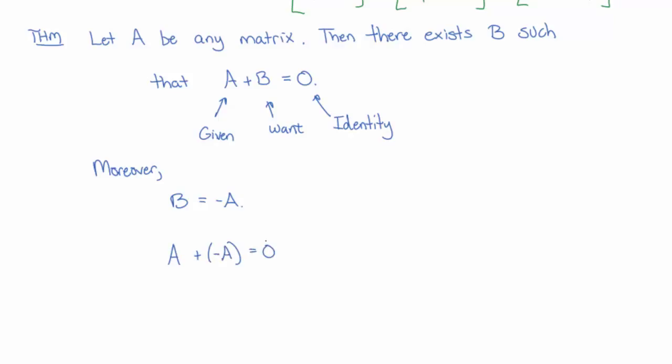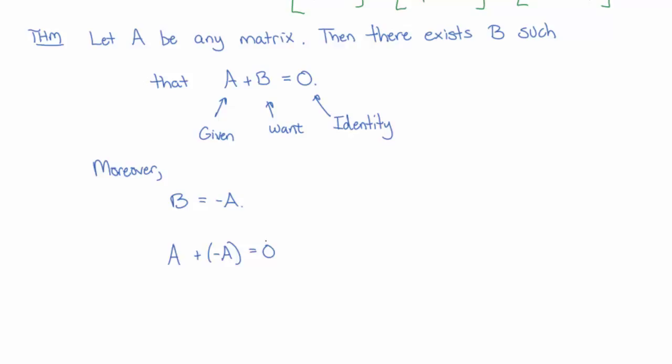Again, it seems so basic when you're first learning about matrices, but this idea that you're creating a new number system with new types of numbers, these numbers are called matrices, and that a number A, let's just say it's a number A plus the opposite of that number A becomes 0.